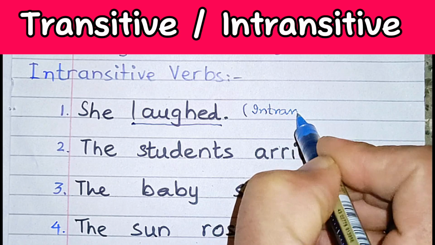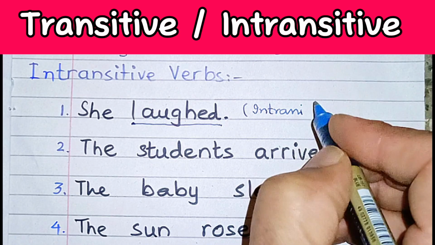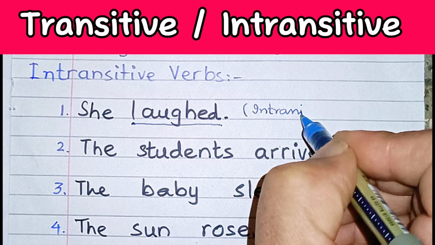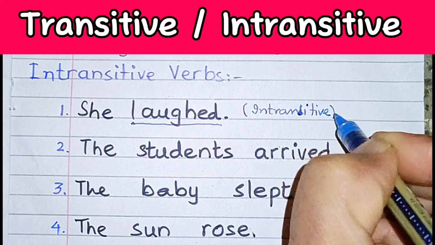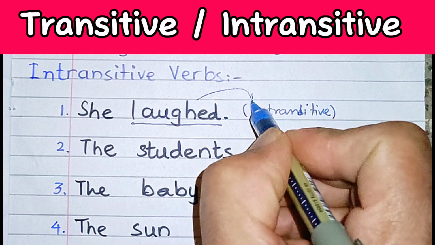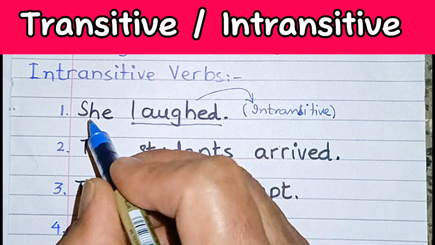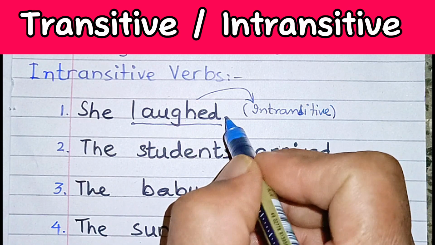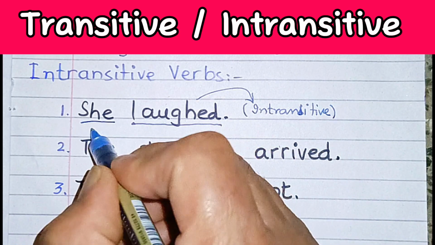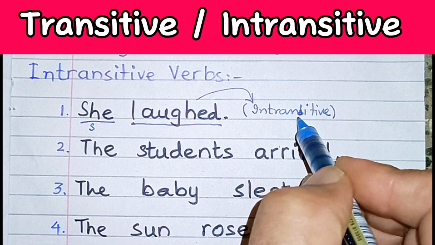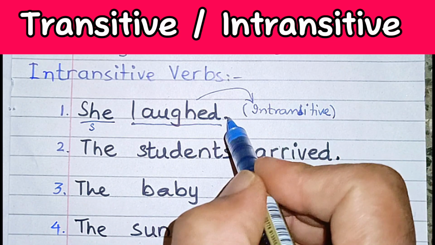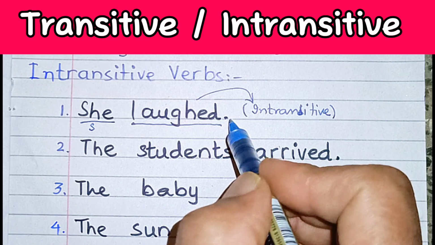Because there is no transfer of the action. So this word laughed is intransitive. Why? Because she laughed, there is no receiver of this action, although the subject is she.